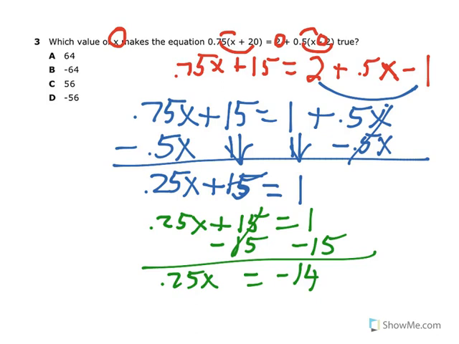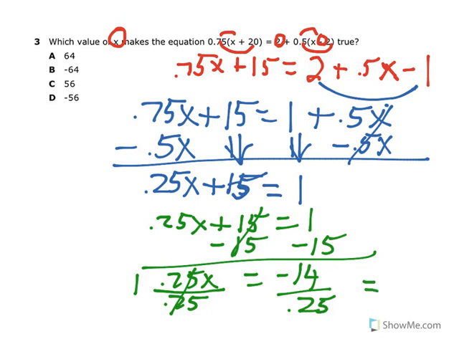Okay? Now, to get rid of that 0.25, because it's a multiplier, you have to divide it by 0.25, which means you have to divide this by 0.25. That 0.25 divided by 0.25 is 1, so you get 1x, but you don't have to write the 1. You can just say x is equal to negative 14 divided by 0.25, or negative 14 divided by 1/4, which is the same as negative 14 times 4.